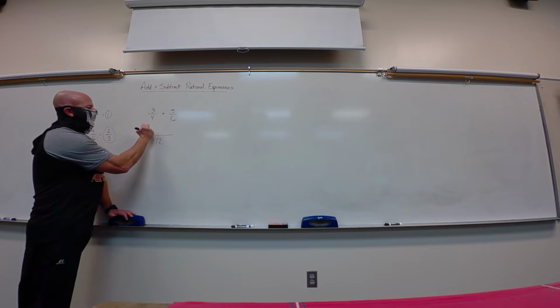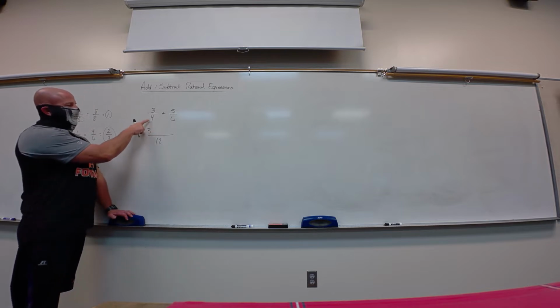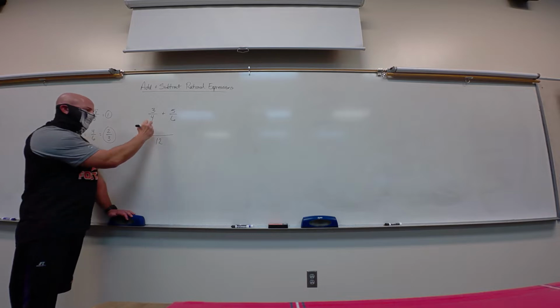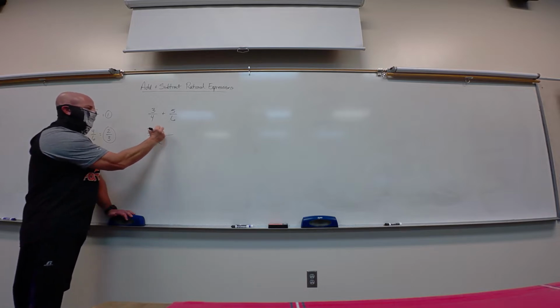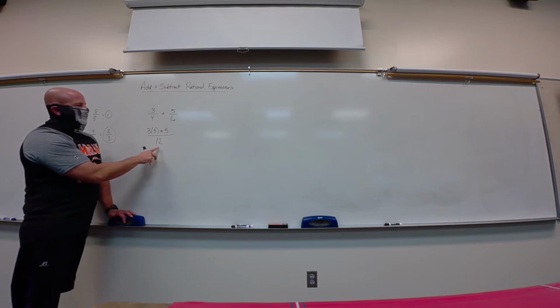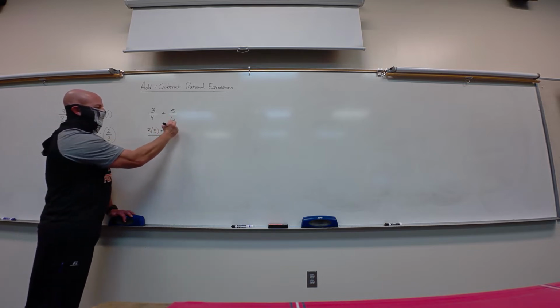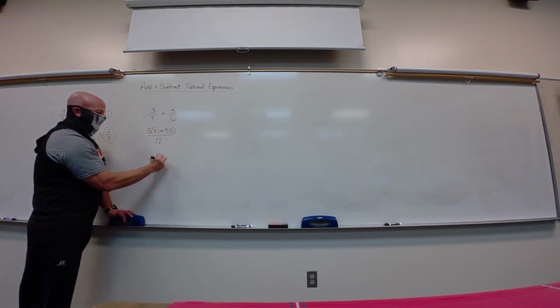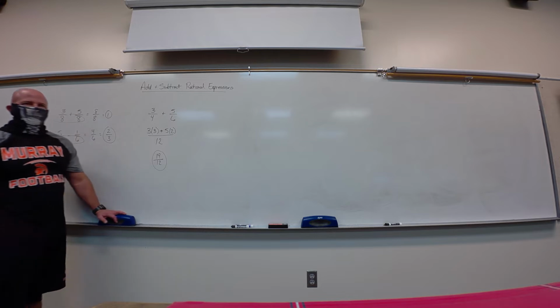What did we multiply 4 by to get 12? That was 3, so I have to multiply that numerator by 3. What do we multiply 6 by to get 12? That's 2, so I had to multiply 5 by 2. And then 9 and 10 is 19 twelfths, and I can't reduce it.